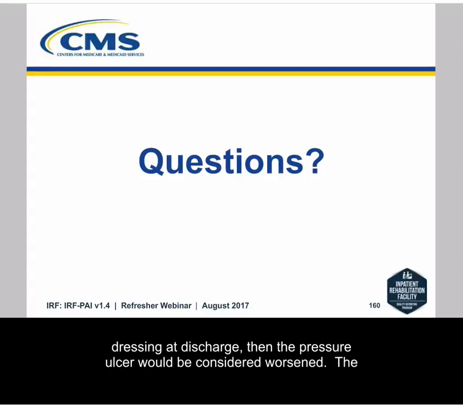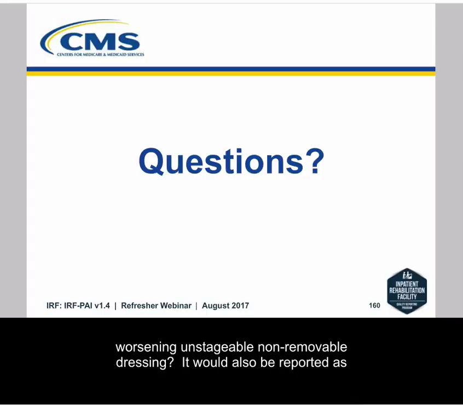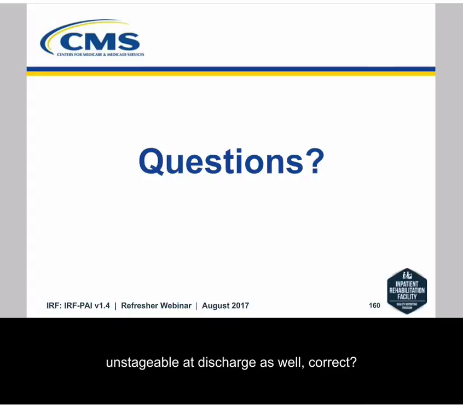The question is, what worsening would this be coded at? Would it be a worsening 3 or worsening unstageable non-removable dressing? It would also be reported as unstageable at discharge as well, correct?